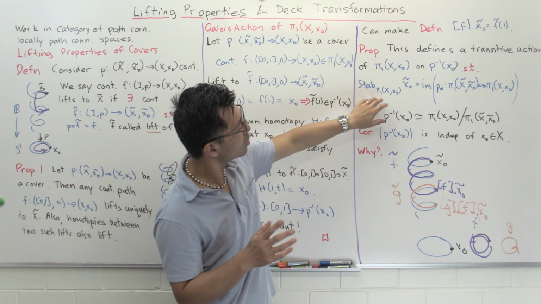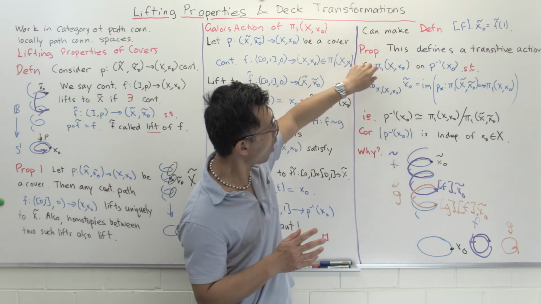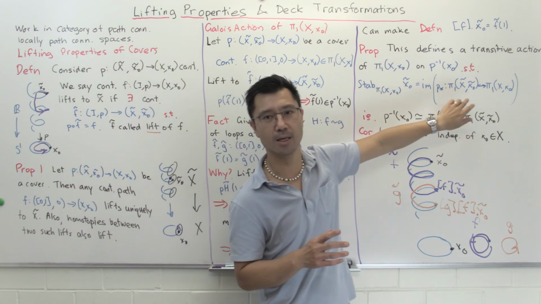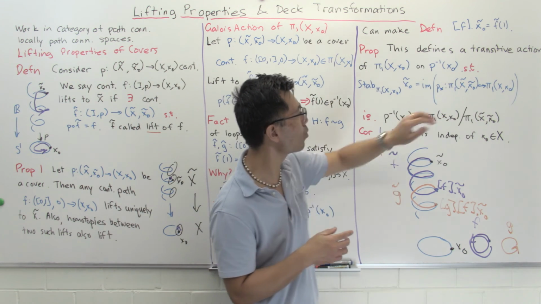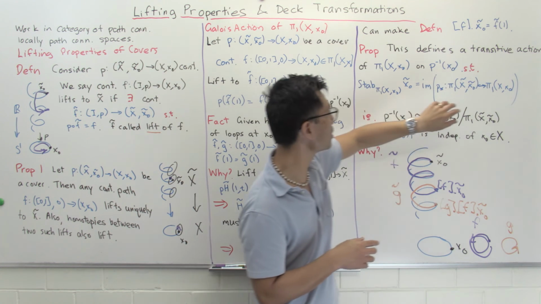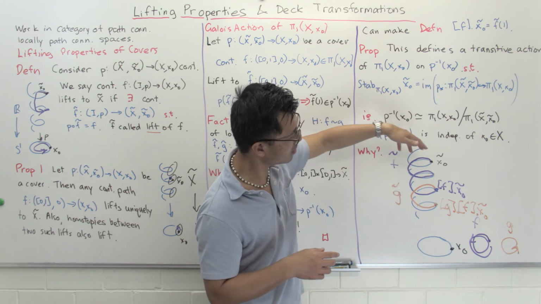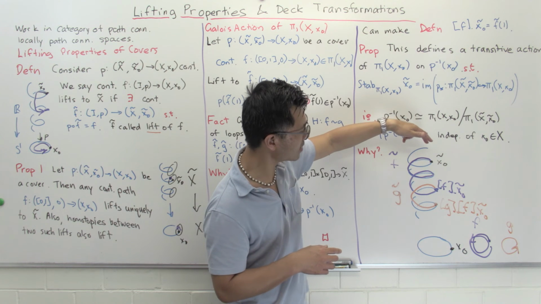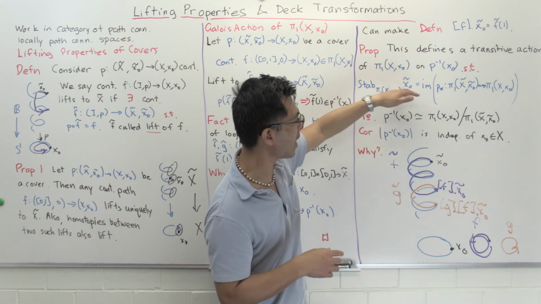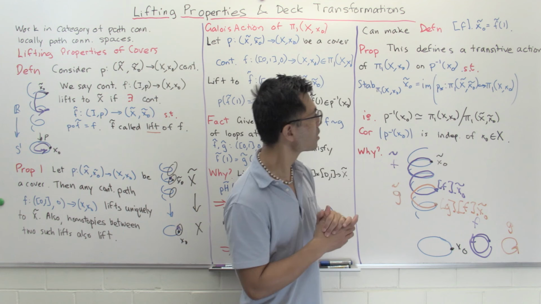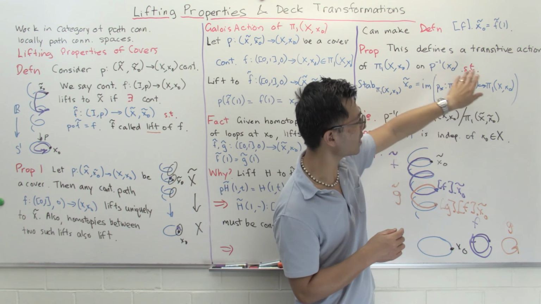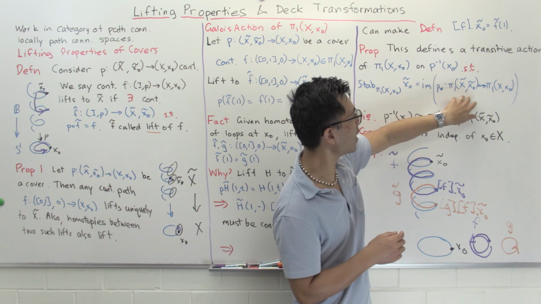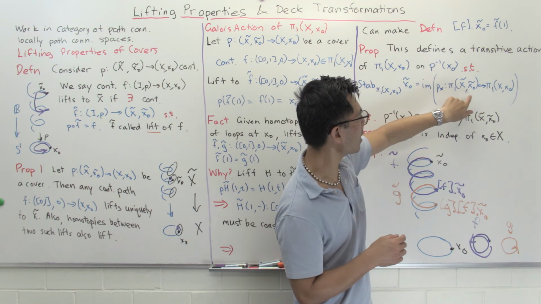Okay, and the final thing that I want to do is just comment on why you expect this to be the stabiliser. Okay, so it's quite easy at least to see why the image of this has to be contained inside the stabiliser. And actually, if you look at what that says, it's quite easy to see that yeah, it has to be the whole stabiliser. Okay, so let's firstly just pick something that's inside here, a loop that is inside here.